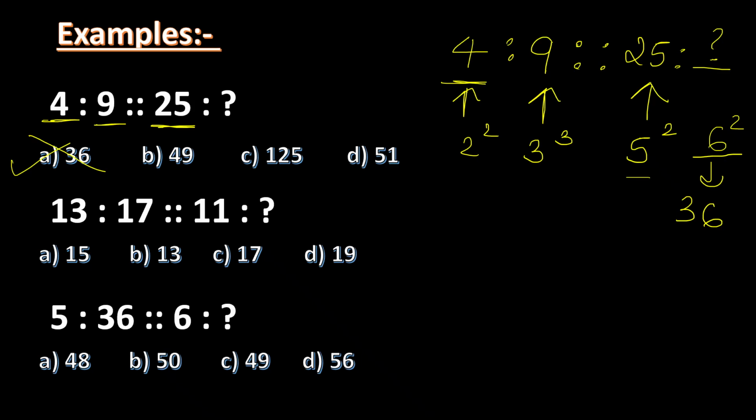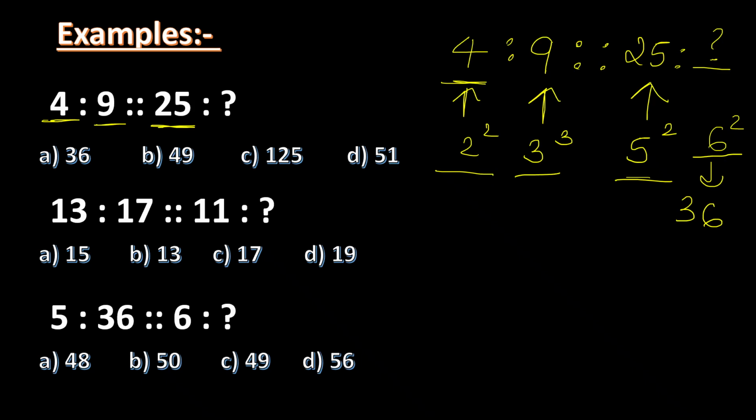Why? Because please rewind the priority list in your mind. I had said that first the prime number should come. 6 is not a prime number. 2 is a prime number, 3 is a prime number, 5 is a prime number.